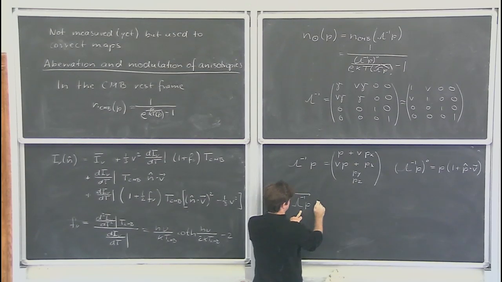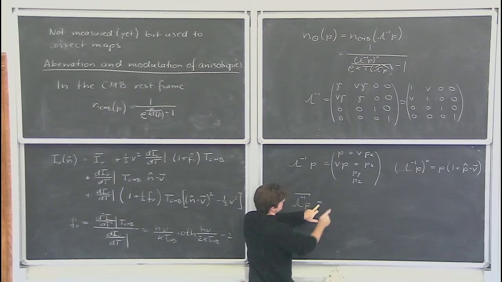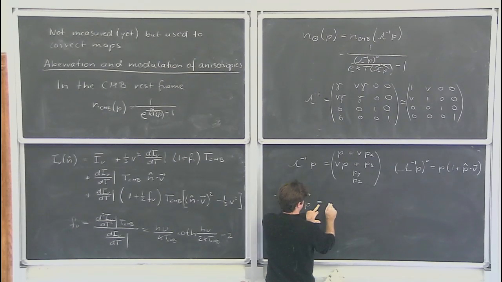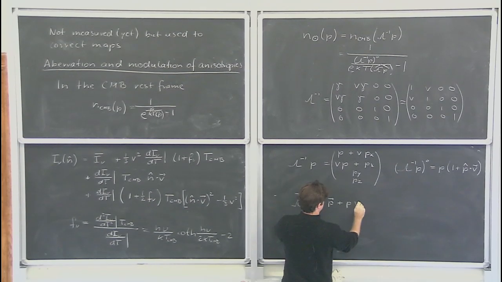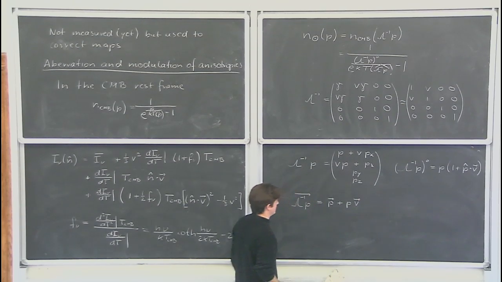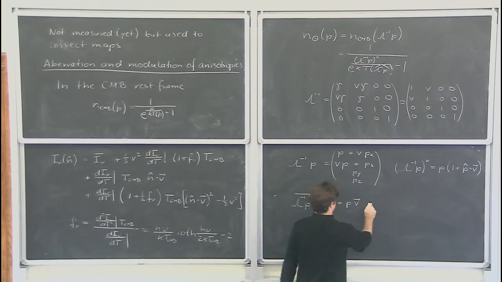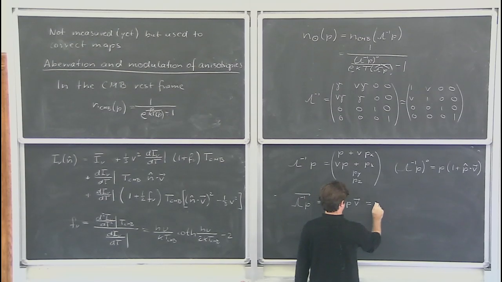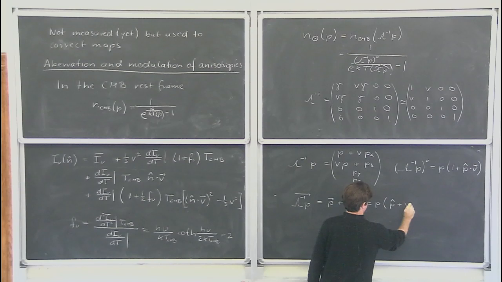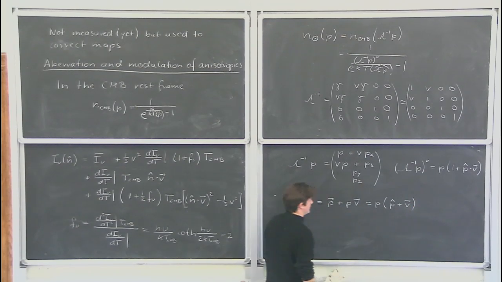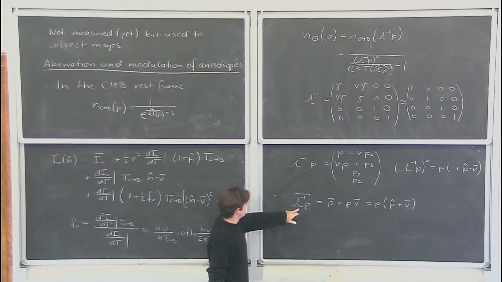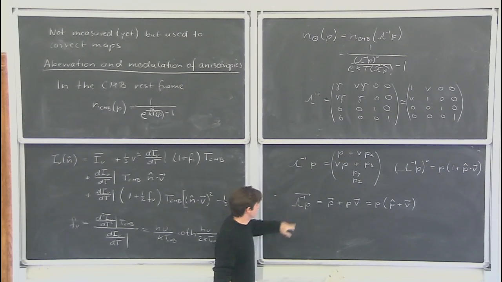Then this is just the 3 vector we had before, p plus the magnitude of p times the velocity, which we can also write as p times p hat plus v. Now we need to know what the magnitude of that thing is, because we're trying to compute the unit vector in this direction.